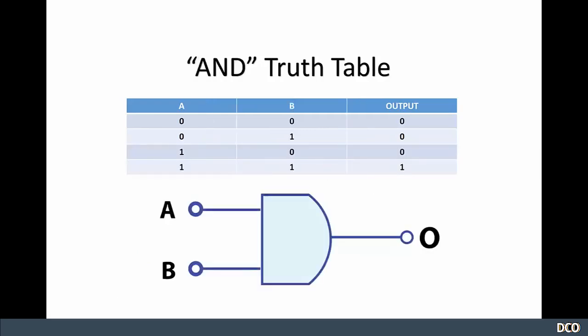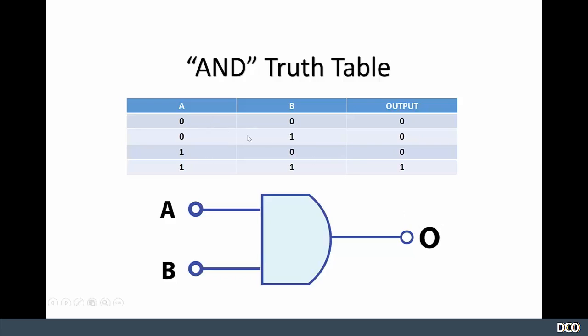So with that out of the way, let's have a look at the AND operator. This is the truth table for the AND operator. You can see that unlike the NOT, which only had 1 input, AND has 2. You've got A and you've got B, and you get 1 output. The key thing about the AND is that it only gives you true if both of the inputs are true.